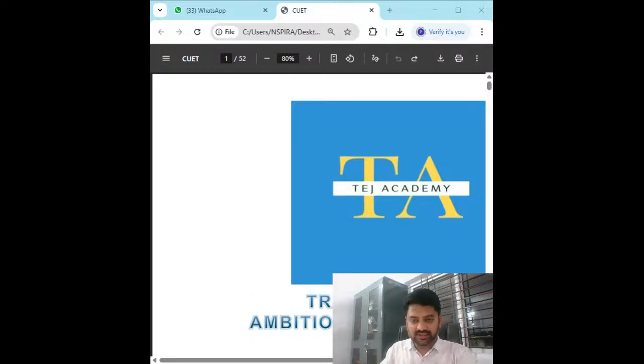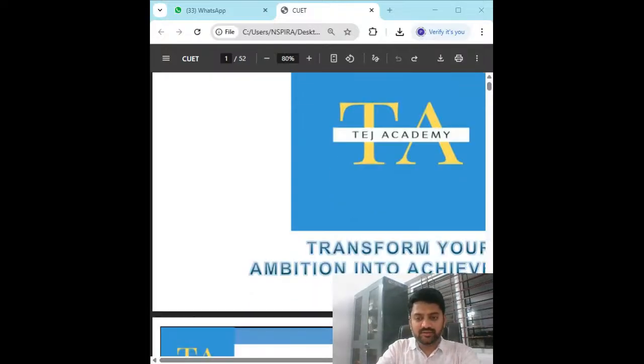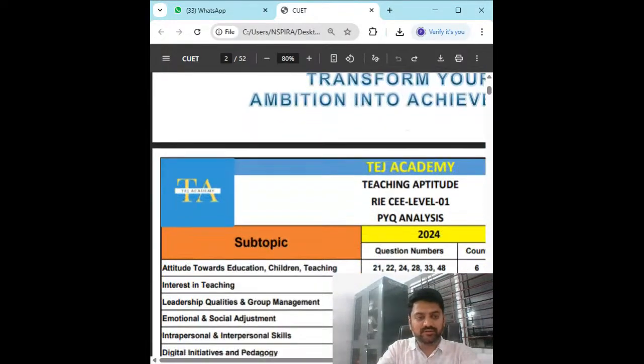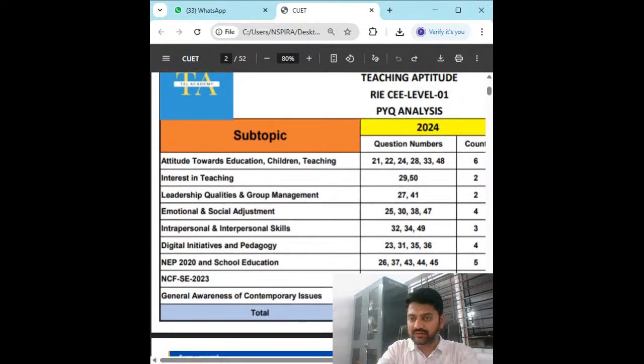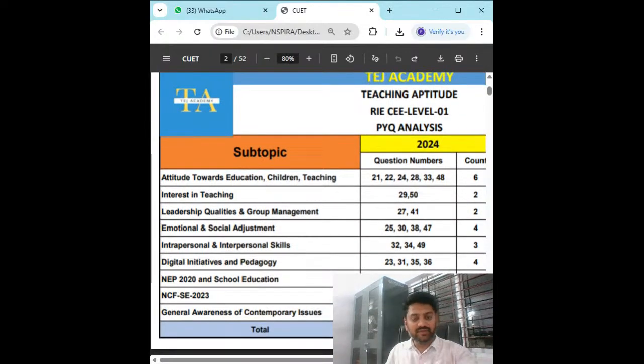So let us move to the topic. We analyzed the 2022 and 2024 question papers exclusively on teaching aptitude. You can clearly see the 2022 and 2024 question paper analysis on my screen.